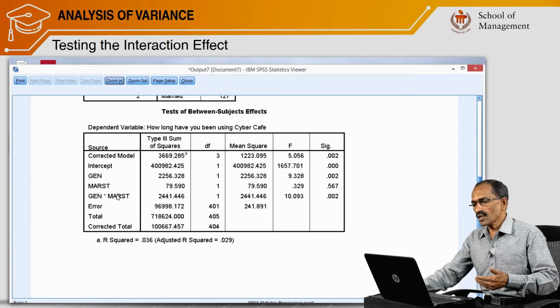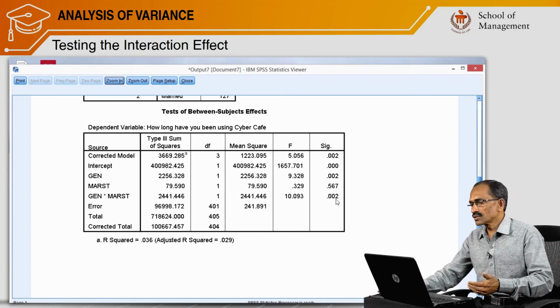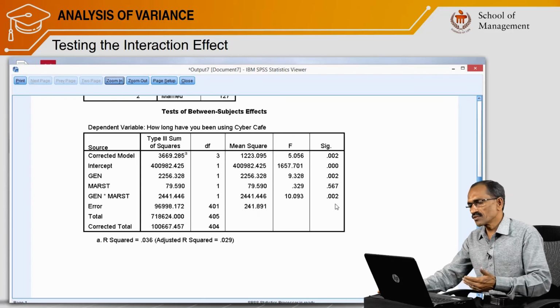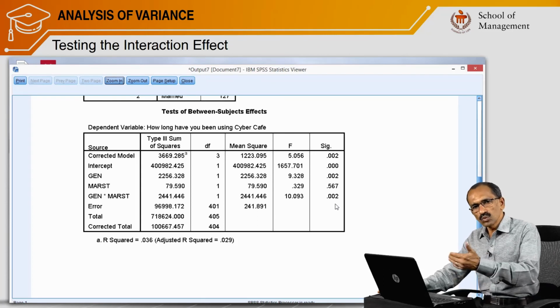So both in the corrected model and the interaction model, we are proving that both variables interact to decide the duration of a cyber cafe visit. Let's conclude what we were discussing in this video.